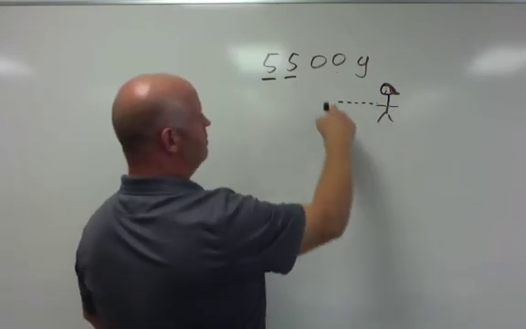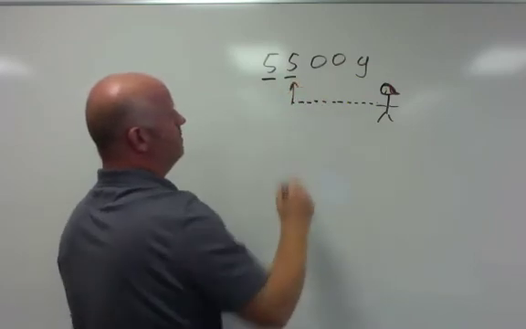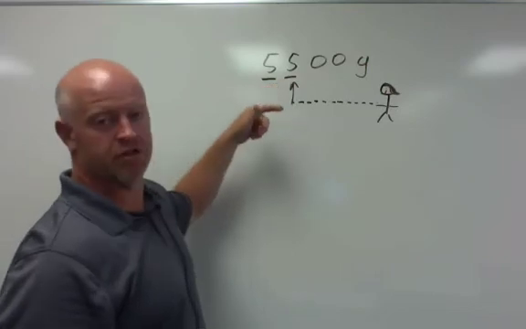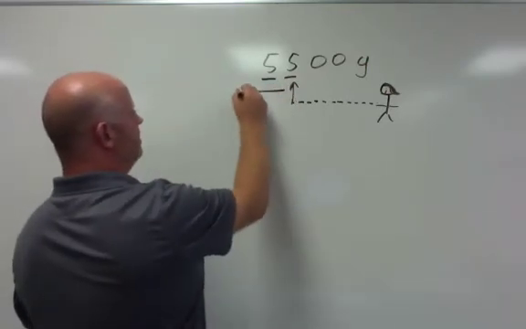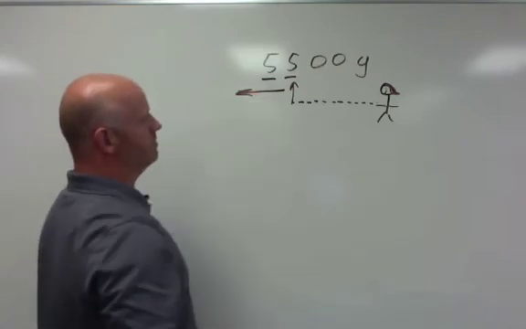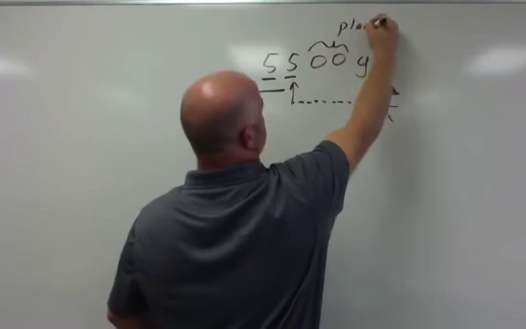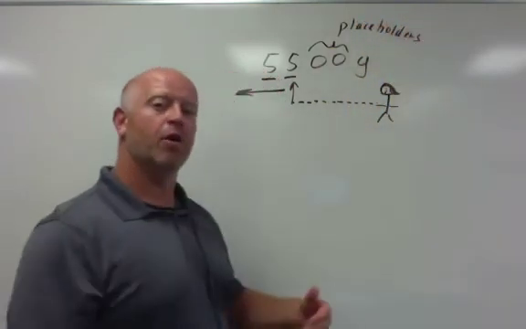I skip this 0, I skip this 0, I find my first non-zero, which is a 5. We already know it's measured. That's where the measurement begins. So this number and anything else over here is part of the measurement. These two zeros are just placeholders. They're not part of the measurement.